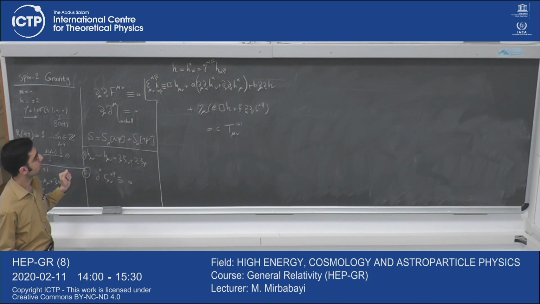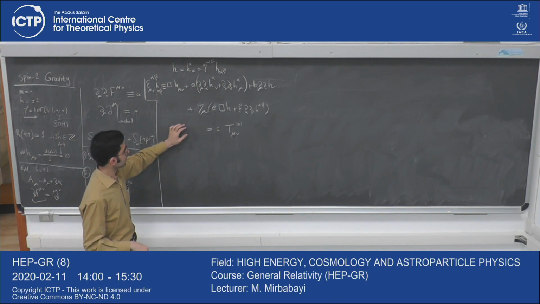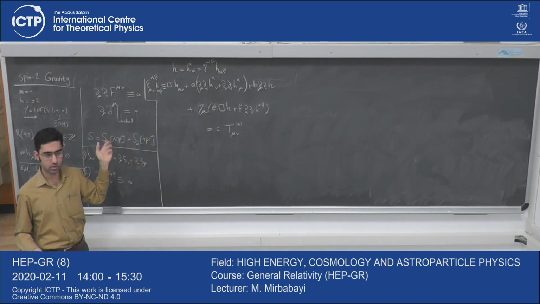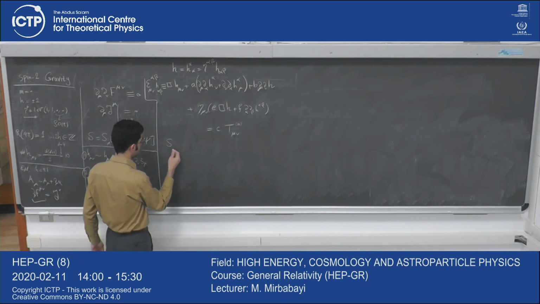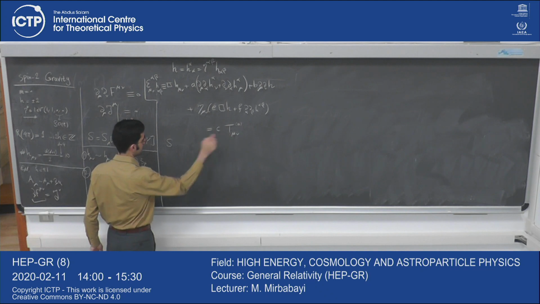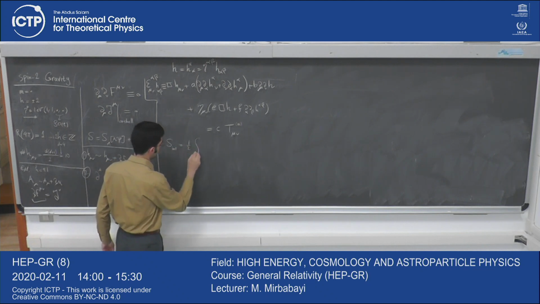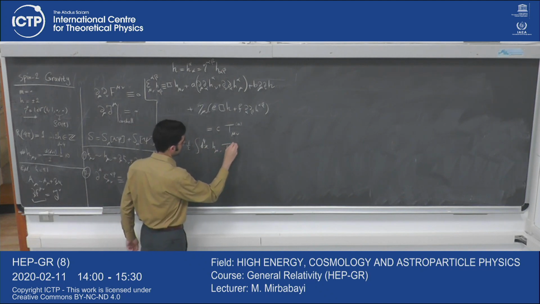So what else? Now, I want to choose the normalization of h mu nu so that this coupling between h mu nu and the energy momentum tensor is of the following form. So S interaction, I want to write it in this one, h mu nu times T mu nu.